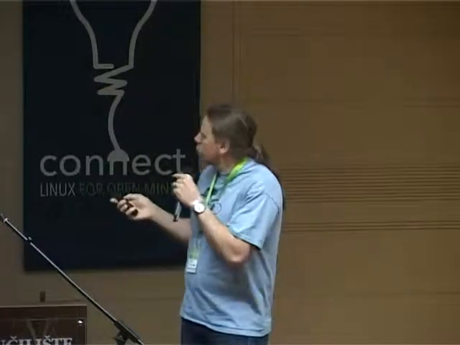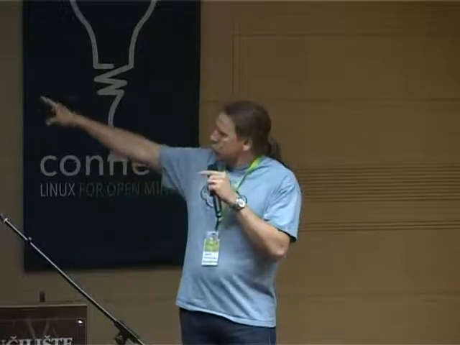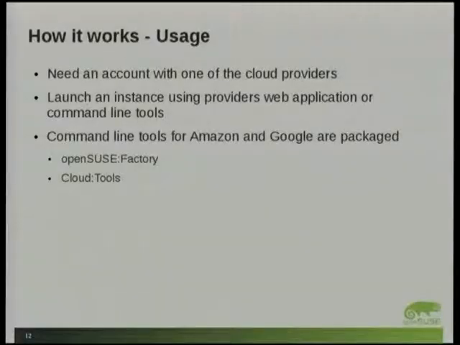Unfortunately, that work is not happening in public, so you can't contribute to that, but the code is open source and will eventually end up on GitHub at some point. You find the packages, they've all been submitted to openSUSE Factory, so 13.2 will have the packages by default. For 13.1, you need to add the Cloud Tools project to your repositories in openSUSE.